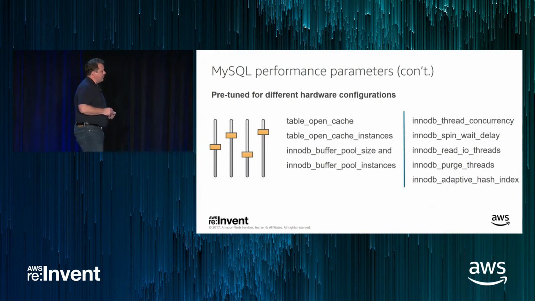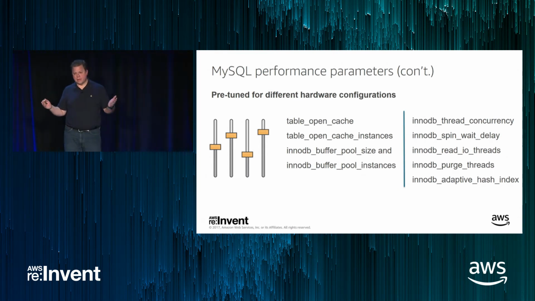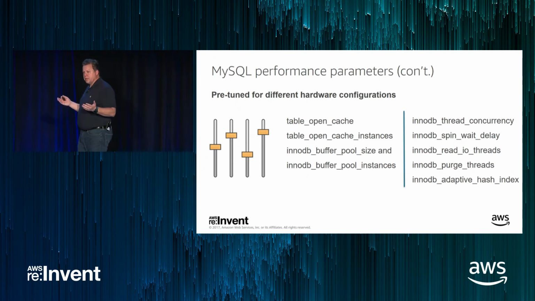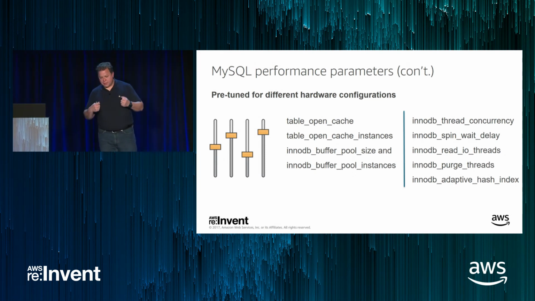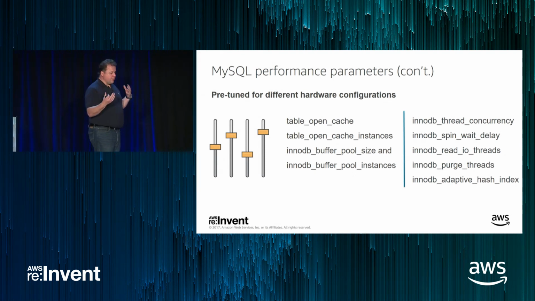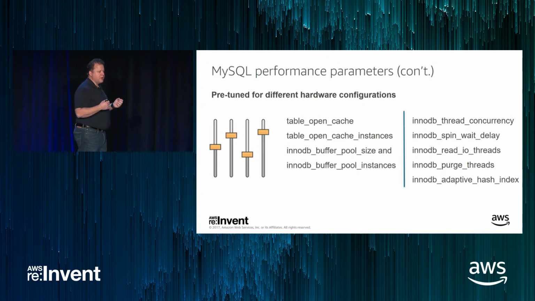Additionally, we have the advantage of running an enormous fleet of databases. We have all of these Aurora instances running all of the time, and we know what the performance profile looks like and how to best tune an Aurora instance.